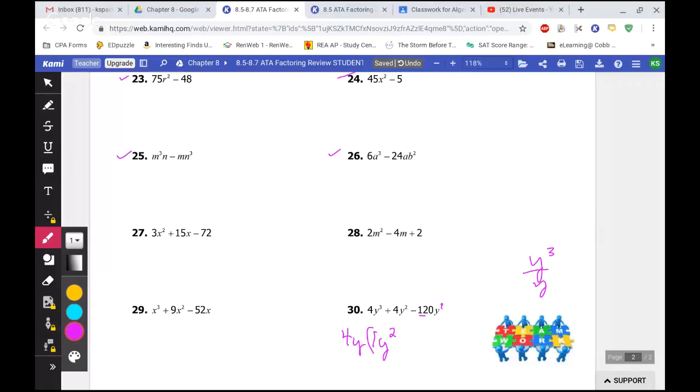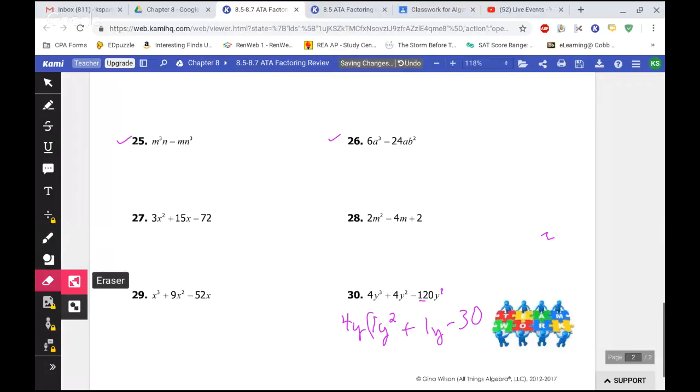Then 4 divided by 4, once again, is 1. And y squared divided by y, 2 minus 1, is y. Then we divide 4y into negative 120, and that leaves me just negative 30, because y divided by y is just 1.